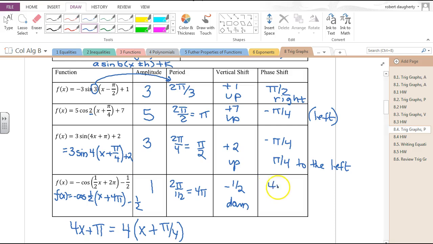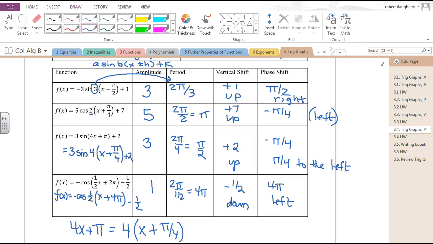Yeah, 4 pi to the left. Okay. There's one other thing about this graph that I didn't ask, but what is it? One more property of this graph. There's one more thing to describe what happened to this graph. I didn't do it to the other ones, but what does the negative tell you? It's been reflected about the x-axis. So when you go to graphing, you've got to catch that part as well.